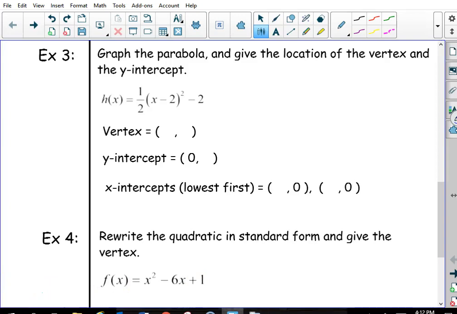Okay, let's take a look at one that's got a multiplier in front for a, 1/2. All right, so my vertex is at 2, negative 2. The y-intercept, we'll find that when we plug in a 0.